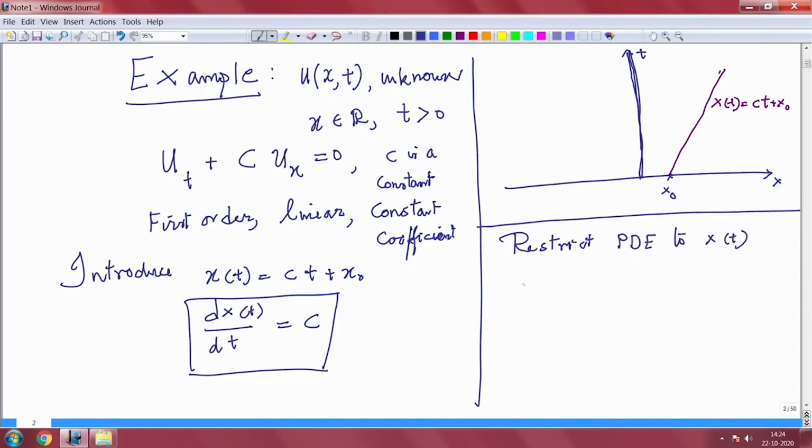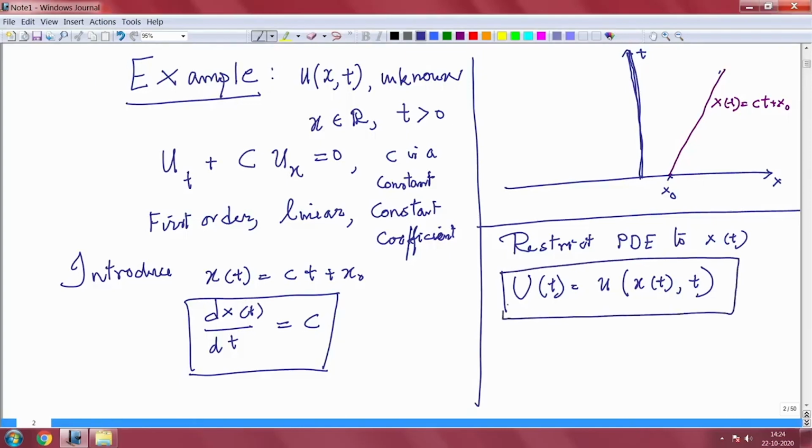That means I will introduce a function of t, u(t) equal to u(x(t), t). So I restricted to t. This is a one variable function, so I have a function u defined on the line x(t). Once you fix x naught, it is a one variable parameterized curve.